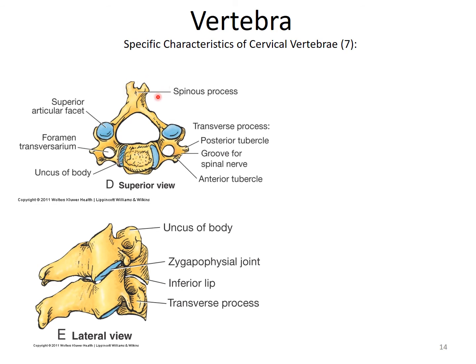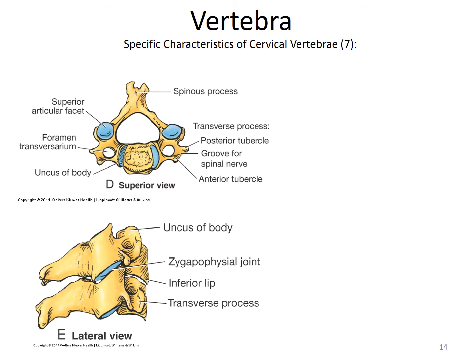The spinous processes of C3 through C5, or sometimes C6, are often bifid in nature. The spinous process of C7 has a shape similar to the thoracic region, and it's called vertebra prominens. You can feel it on your own neck because, as I said earlier, it's the most prominent vertebra.